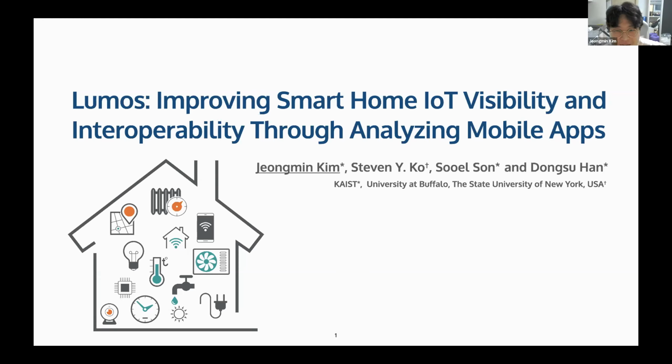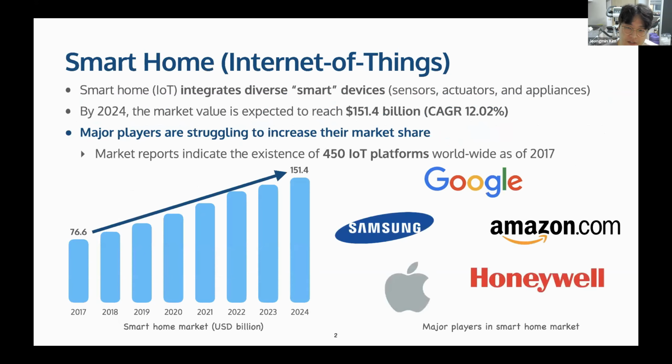Hello, I'm Jeongmin from KAIST, advised by Professor Dongsu. I'll be talking about a system called Lumos, which enhances smart home IoT visibility and interoperability by analyzing mobile apps. Smart homes integrate diverse smart devices, including sensors, actuators, and home appliances. The market value is expected to reach about $150 million by 2024.